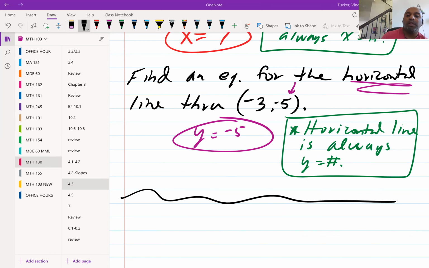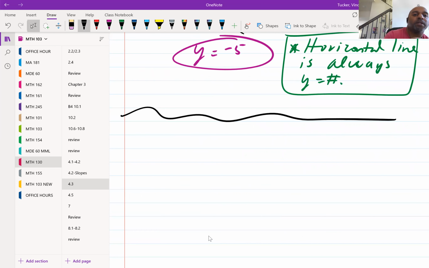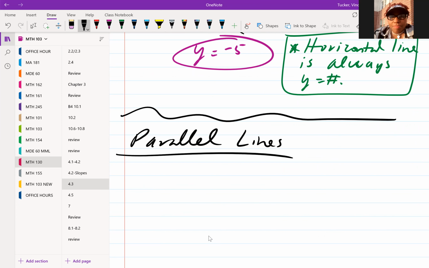Okay. Last thing. Parallel lines. I didn't see perpendicular lines. If you guys see perpendicular lines, then feel free to let me know. All I saw was parallel lines, so I'm only going to talk about what I see.